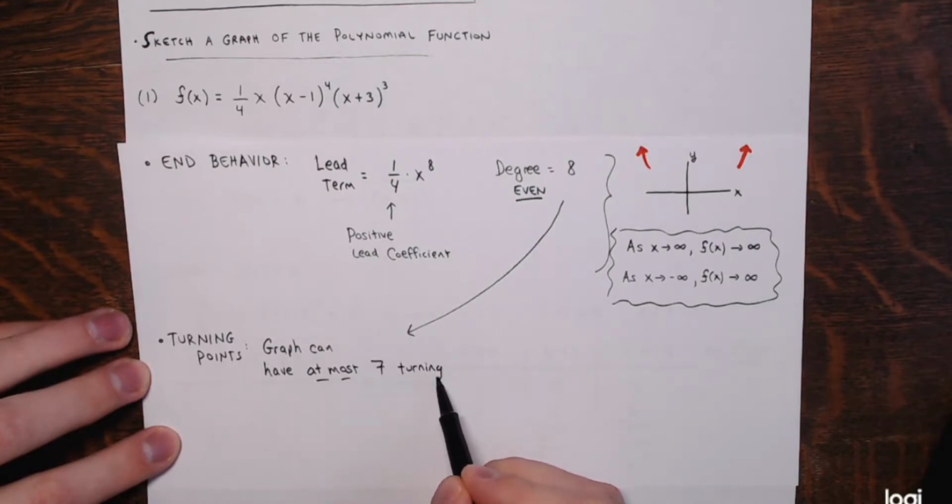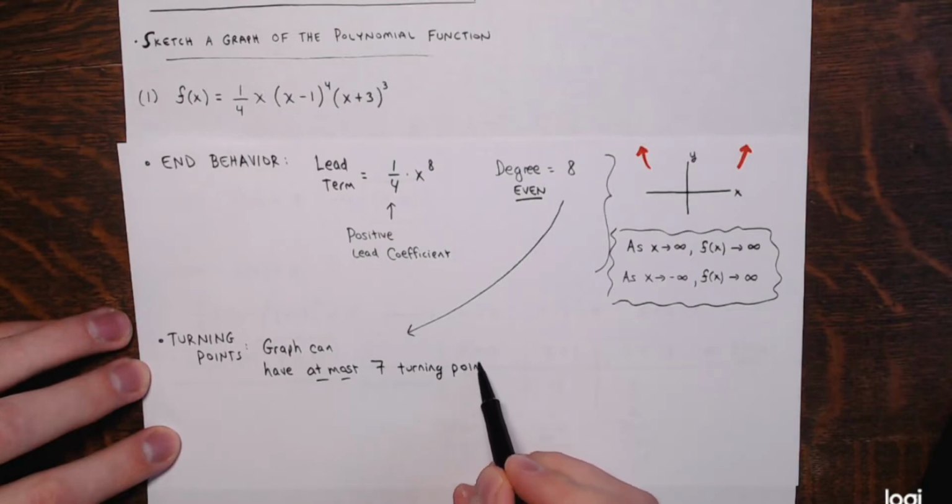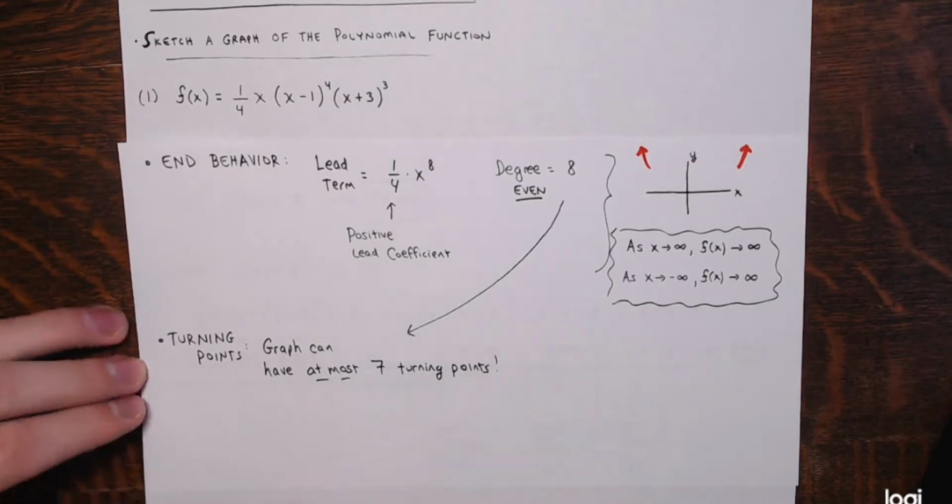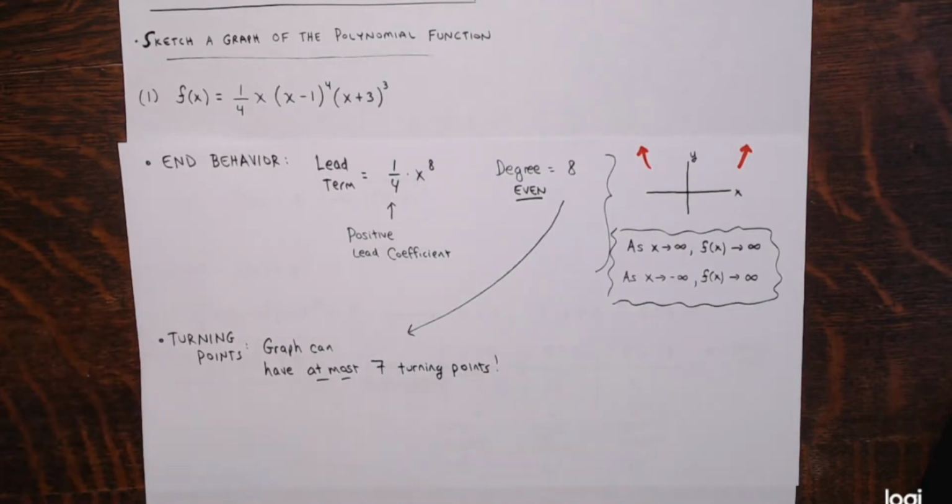So if I draw this thing and it has more than 7 turning points, I did something wrong. This is a degree 8 polynomial function, so it should have no more than 7 turning points. All right, so now let's actually sketch this thing.